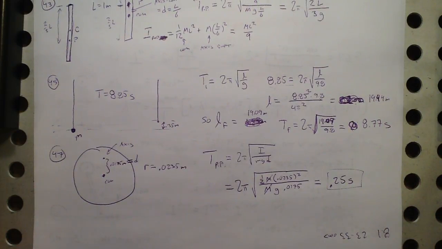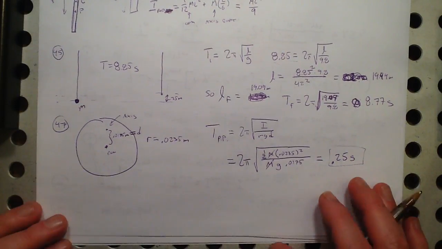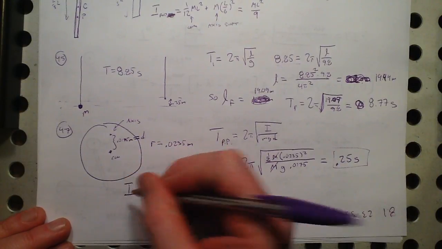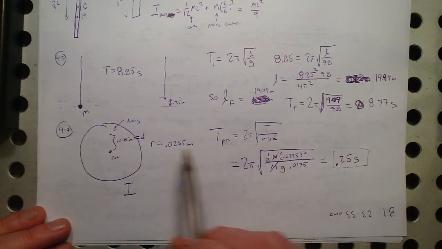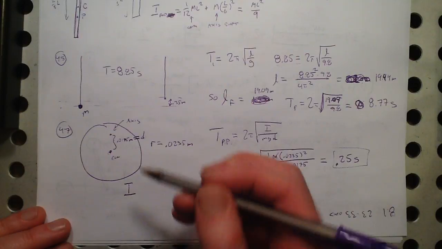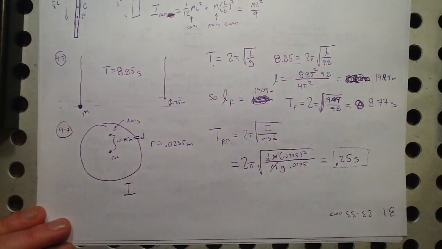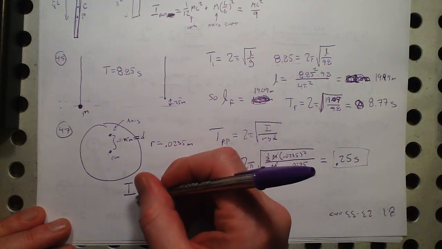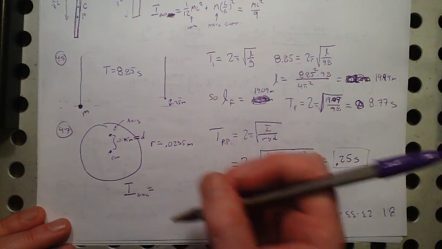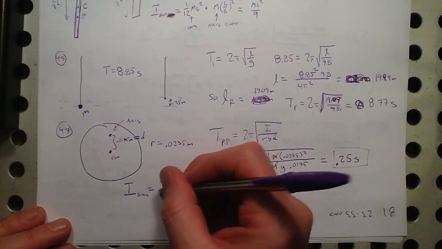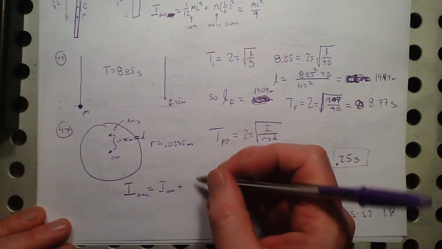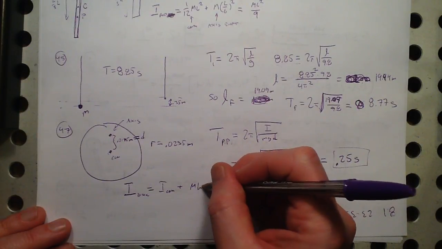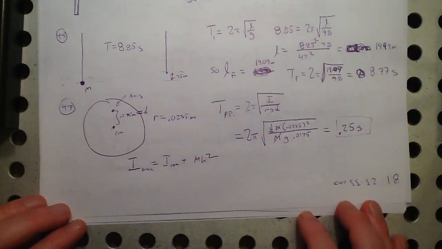Pause for a second. I used the rotational inertia of the disk about the center of mass, but of course that's not the axis. So I forgot the parallel axis theorem. So the rotational inertia of the disk is the I about the center of mass, plus the parallel axis shift.